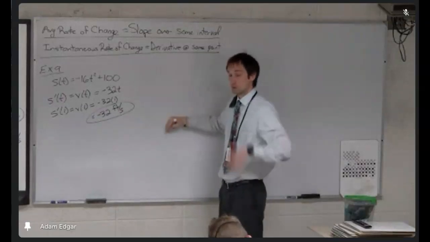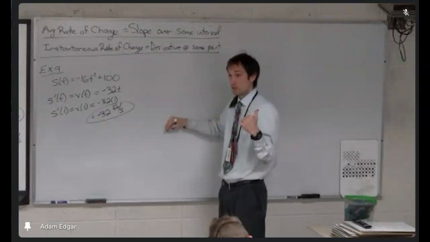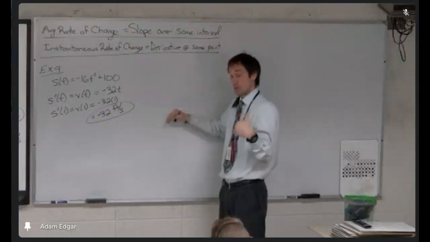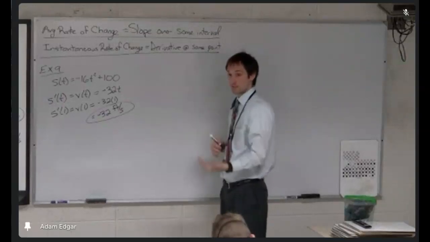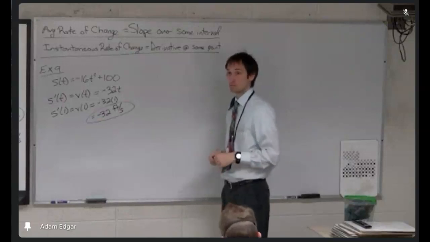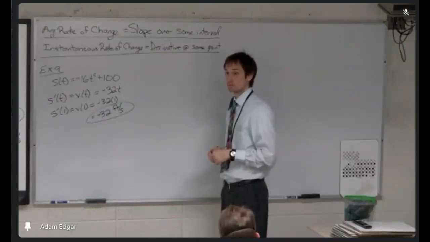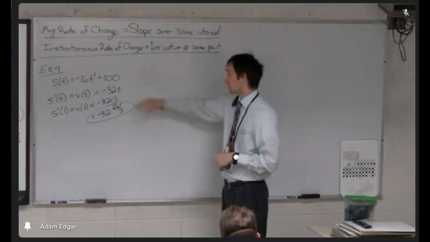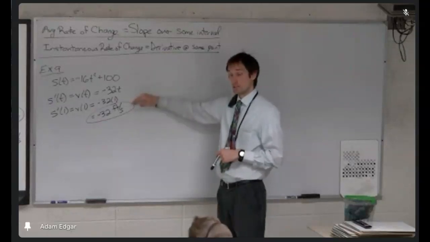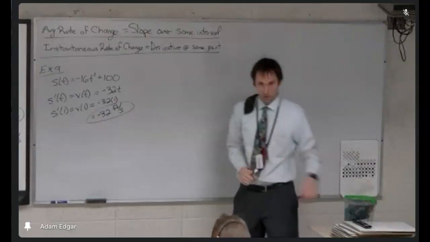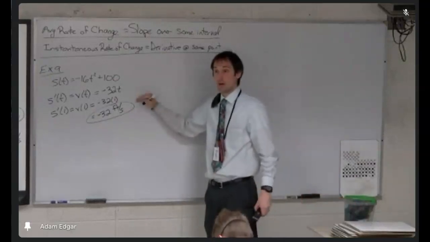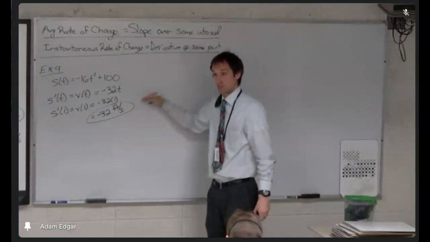We'll talk about that later this week, maybe. And so then, if you set that equal to 0, you're solving for when the acceleration is 0. Which, in this case, never happens until you hit the ground and are no longer moving at all. At which point, your position function is now a constant function. You're always at a height of 0.